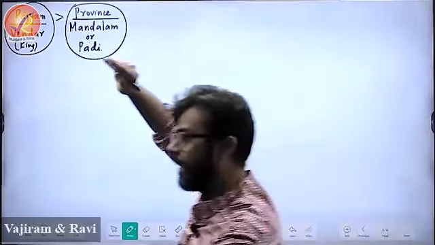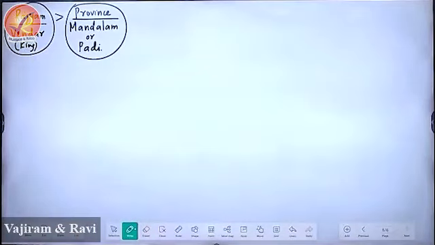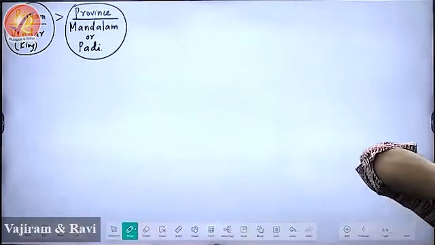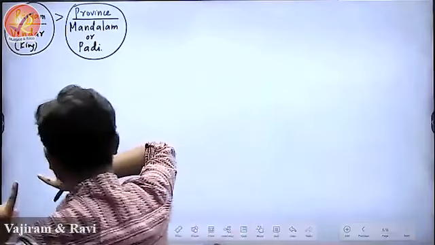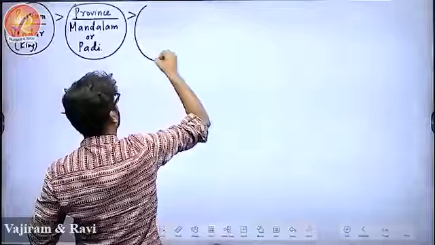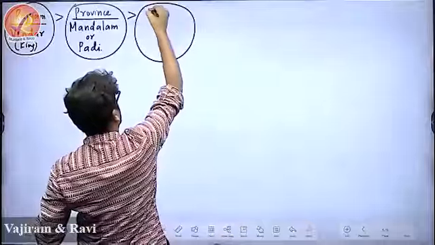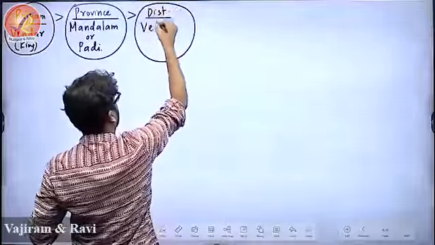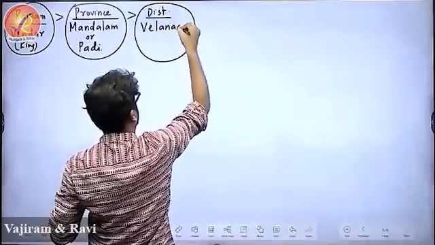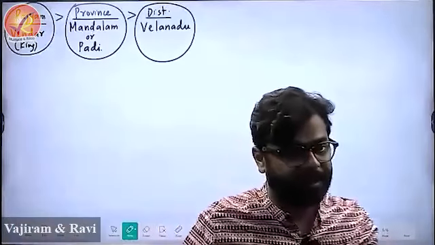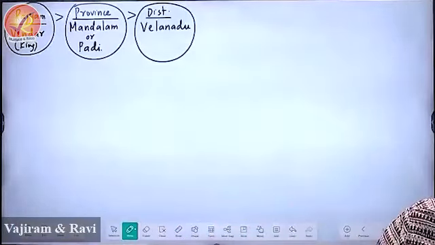Aramis was serving as the governor at a place which was later to become the capital of Rajendra, Gangaikonda Cholapuram. Anyway, this province was further broken into a number of districts. Districts is called Velanadu. In the pyramid you have written a word, Velan. Velan is going to serve in the district.